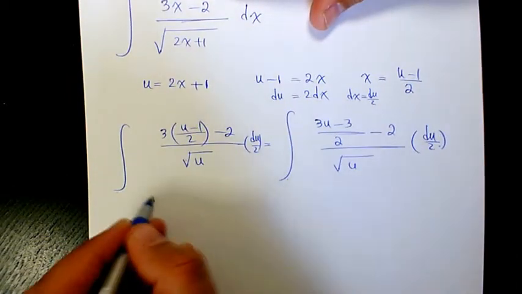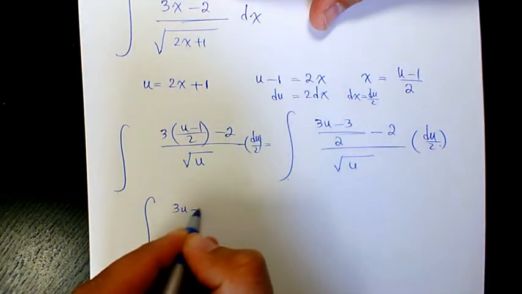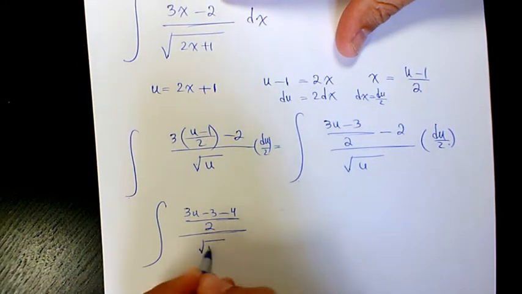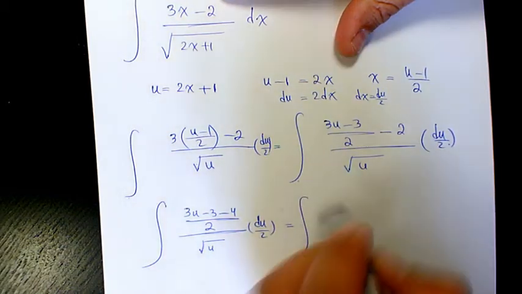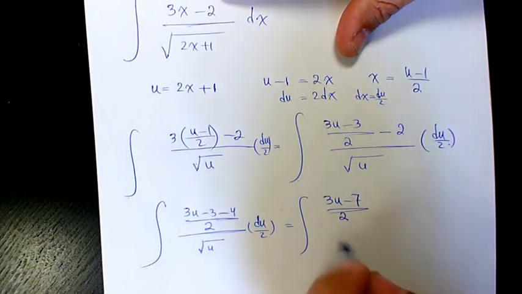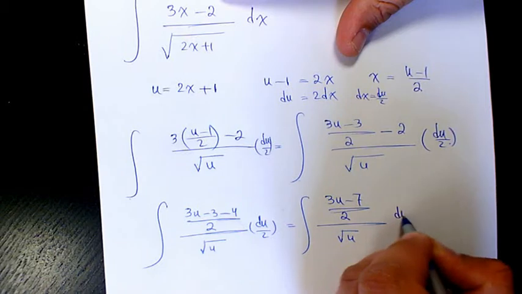Then we can write (3u minus 3 minus 4) over 2, over root u, du over 2, and that's going to be (3u minus 7) over 2, divided by root u, du over 2.